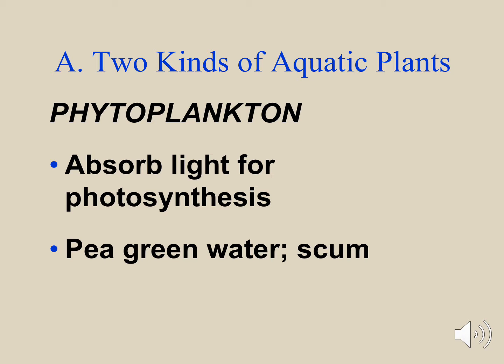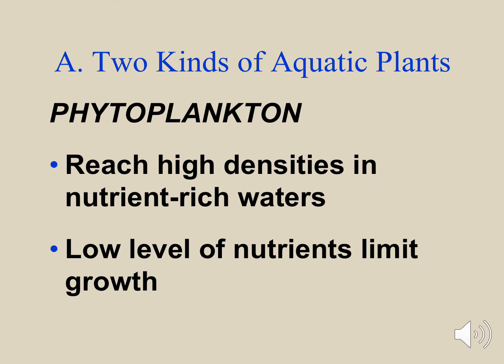So phytoplankton can reach high densities in water that is nutrient rich. When we talk about nutrient rich water, we're talking about waters that have plenty of nitrogen and phosphorus in them. Phytoplankton, on the other hand, do not do well in water bodies that have low levels of nitrogen and phosphorus. Nitrogen and phosphorus become the limiting point of growth for phytoplankton.